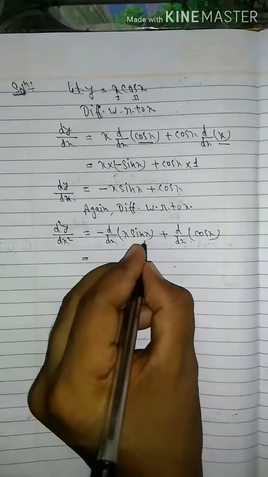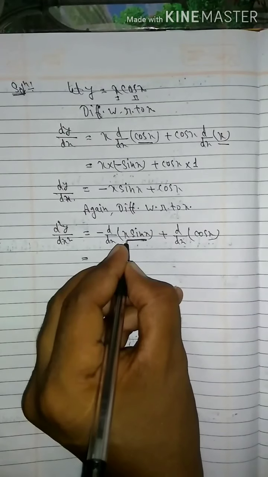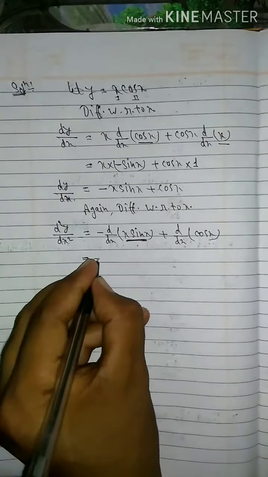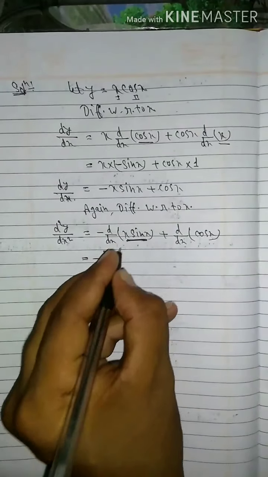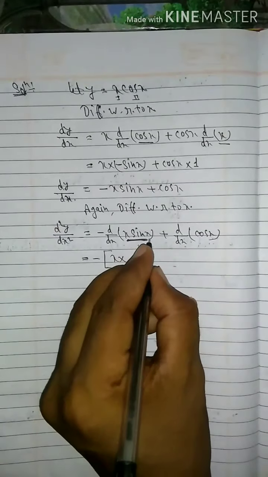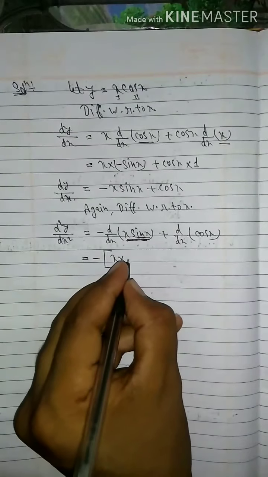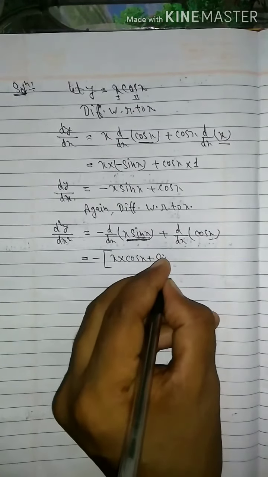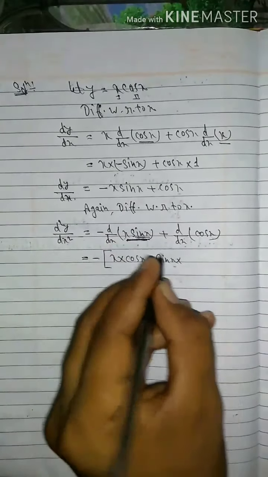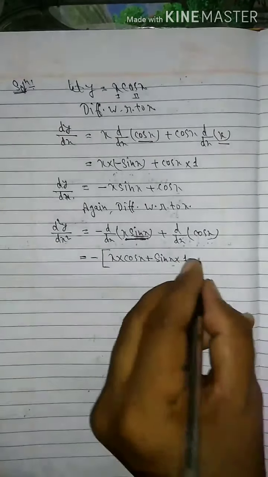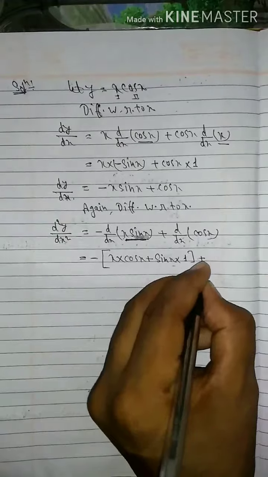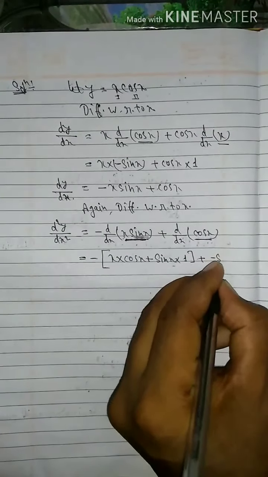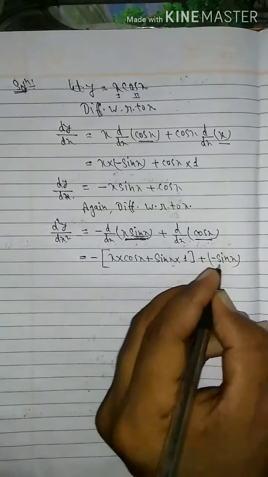Again this is a product of two functions, so using the product formula, minus is common: the first function x into the derivative of sin x, which is cos x, plus the second function sin x into the derivative of x, which is 1, plus the derivative of cos x, minus sin x.